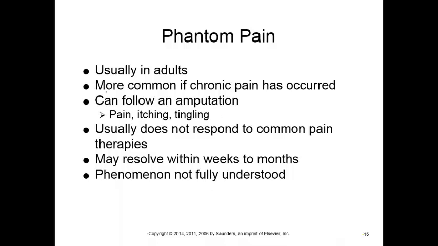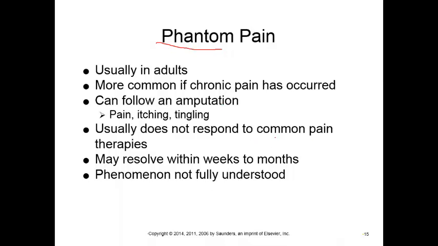Another type of pain is called phantom pain. It's like that phantom limb syndrome. You lose a limb and then you feel pain in it. It usually is in adults, and it becomes more common if that person has had chronic pain in the past. So you really can't find out what's causing the pain, but it can be accompanied after amputation, where you lose a hand and then you feel the hand tighten up and it's not even there, and there's pain, itching, tingling.